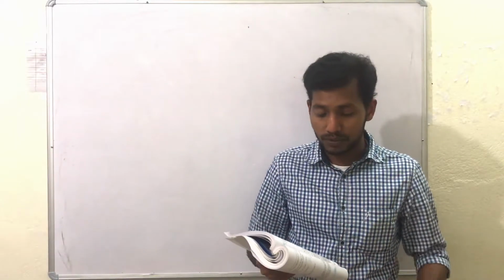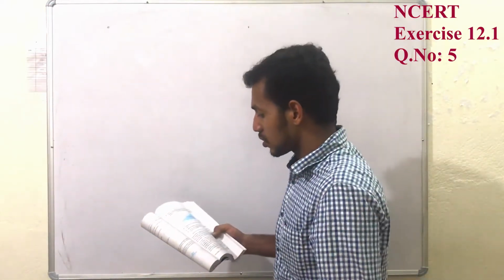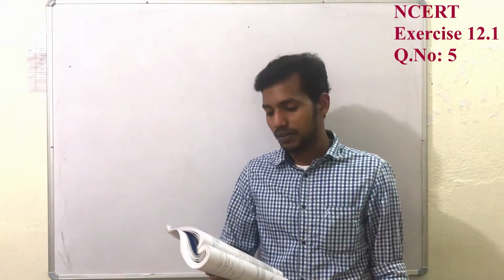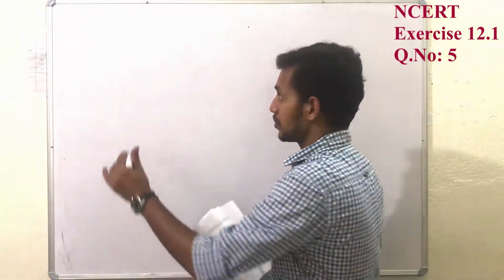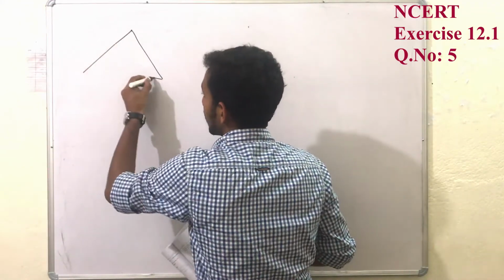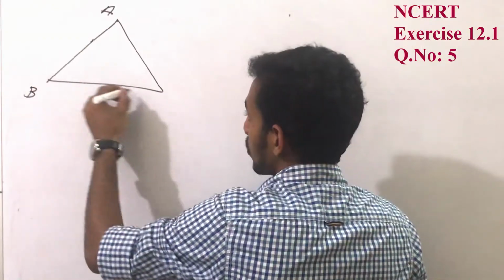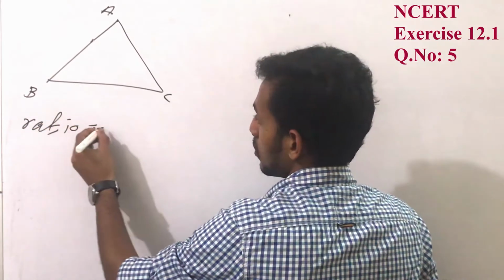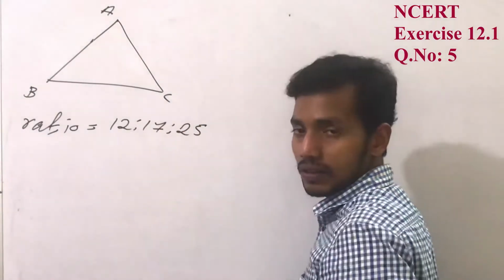Next one is question number 5 from the same exercise itself. Sides of a triangle are in the ratio 12 is to 17 is to 25 and its perimeter is 540. Find its area. Sides are not given directly; instead, the ratio is given. So the ratio is 12 is to 17 is to 25.